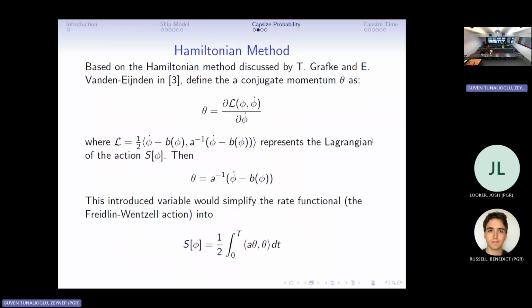We try to use a method called the Hamiltonian method by introducing a new parameter theta, so that we change the expression with A inverse here: we multiply A on both sides so that A theta is phi dot minus b phi. Then we change our action function to this form here, so we don't need to involve inverting the covariance matrix.